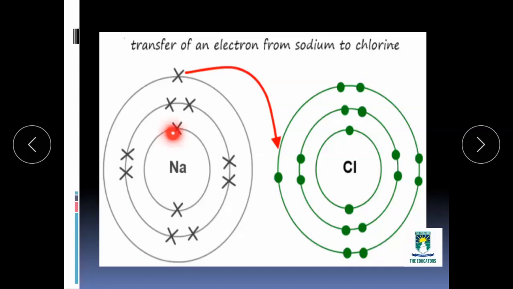So the first shell will contain 2 electrons, the second shell will contain 8 electrons, and the last shell will have only 1 electron. On the other hand, for chlorine, the first shell will have 2 electrons, the second 8 electrons, and the last or valence shell will have 7 electrons in its structure.